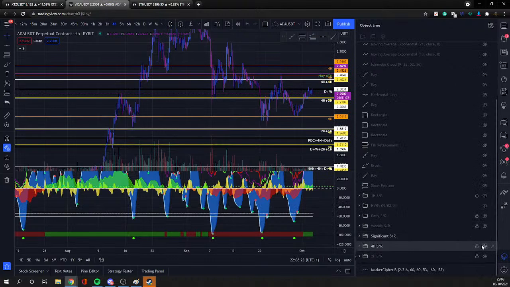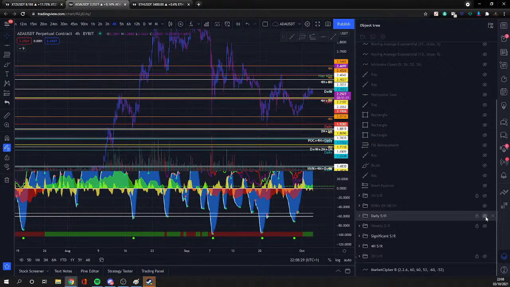So have a wee look through your levels. There we go, we've got 4 hour. There is a daily in there. I'm going to keep that open. Weekly. Oh, the levels are okay.